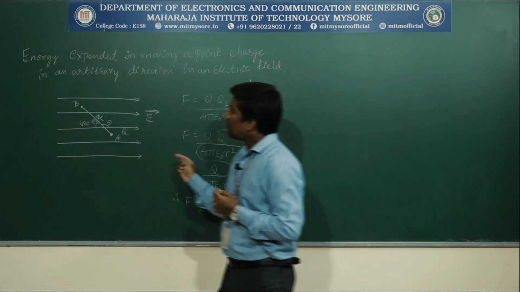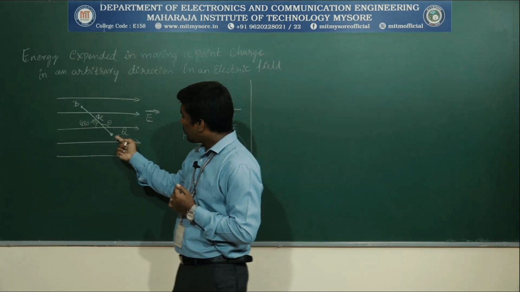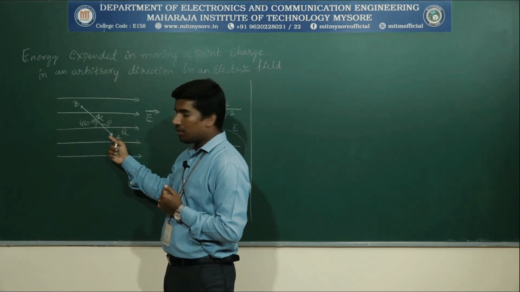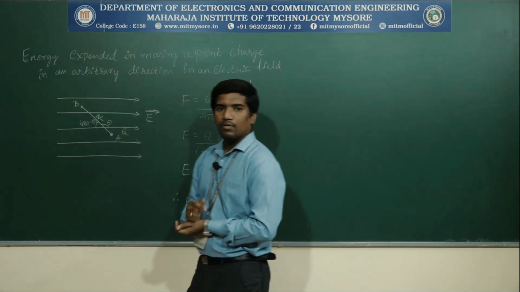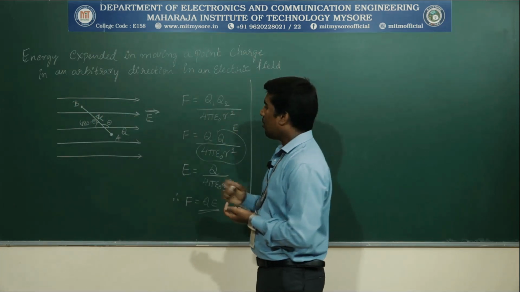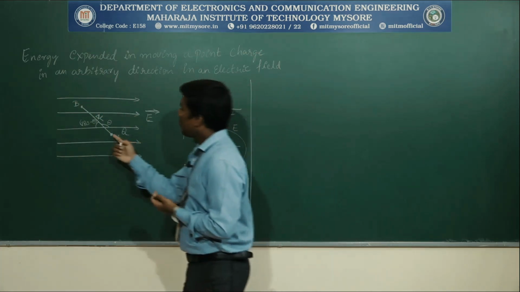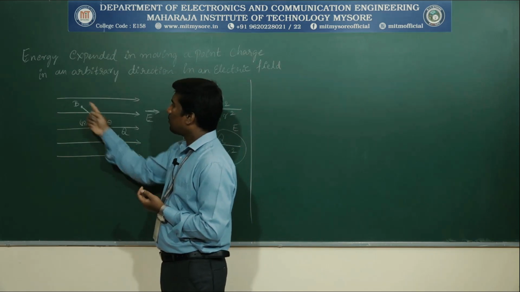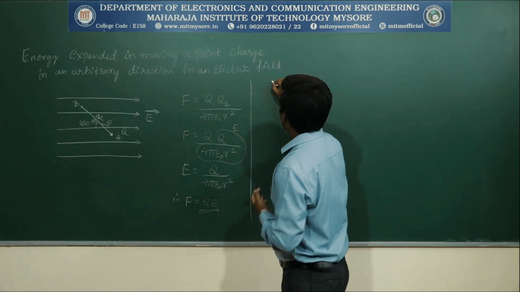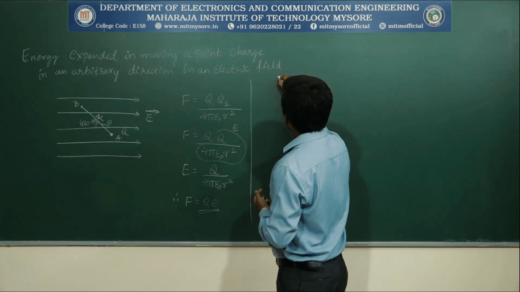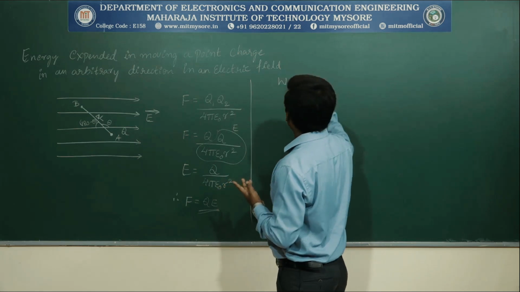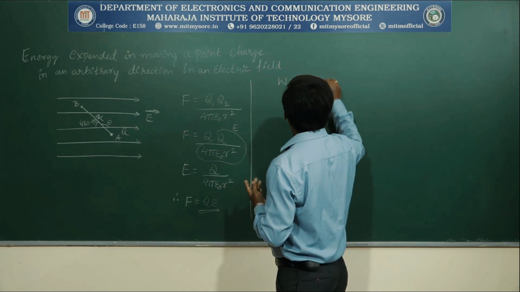Now what is the amount of work done in order to move a unit positive charge from A to B? The amount of work done in order to move a charge from A to B is defined as the potential difference, that is VB minus VA.